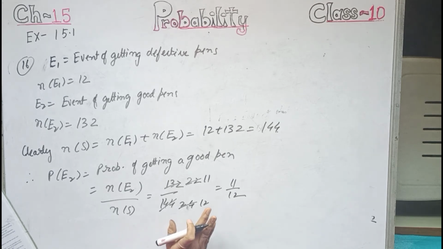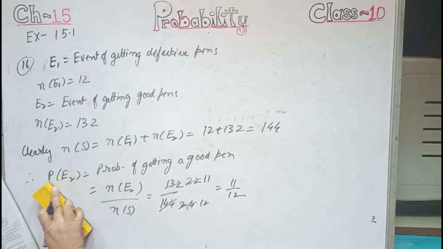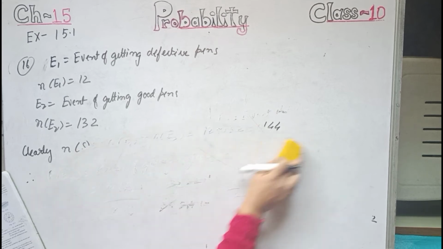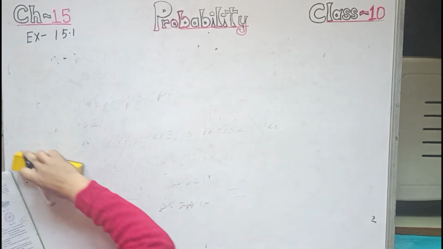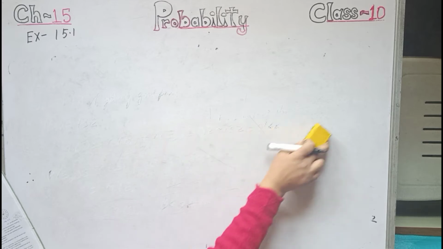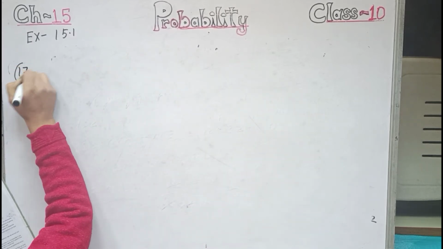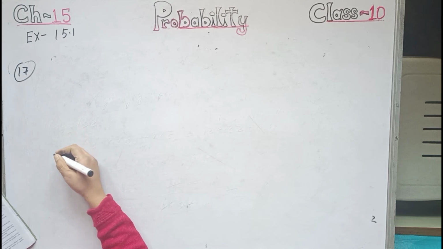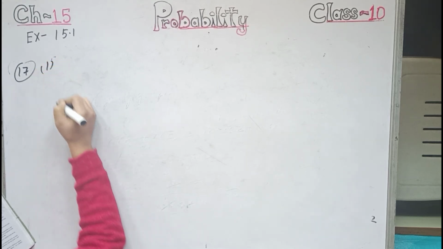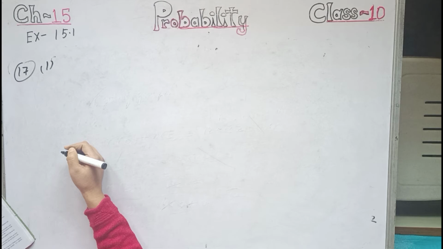Now question number 17. Question number 17 has subparts. Subpart number 1: A lot of 20 bulbs containing 4 defective bulbs.